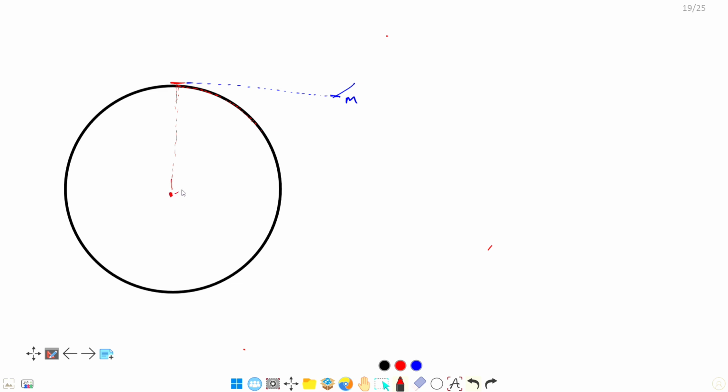This is the center. I am joining this point like this. So this much is our staff, and this M is the reading. If this is the center, this is R, this is R. R is the radius of the earth, and this is our reading. So the actual line of sight is this, and the line of sight we required is this, because we have placed the dumpy level on the surface.